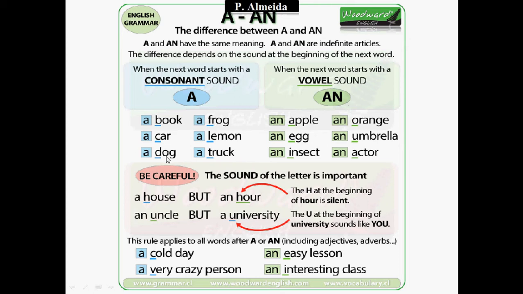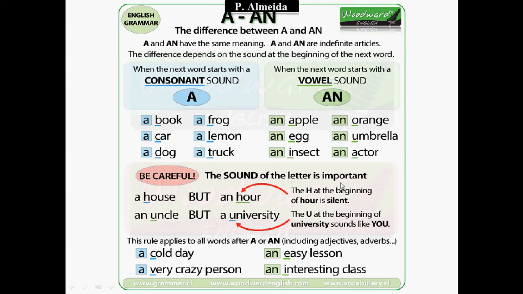Examples: a book, a car, a dog, a frog, a lemon, a truck. And an apple, an egg, an insect, an orange, an umbrella, an actor. All of these words start with vowels and also with vowel sounds, okay? And these ones started with consonants and consonant sounds.